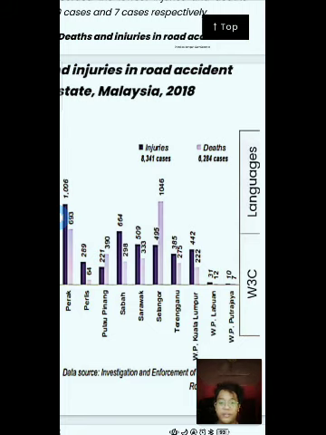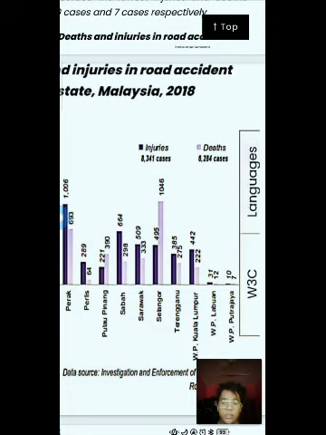Selangor, 495 injuries. The deaths are 146. Terengganu, the injuries are 385. The deaths are 275. WP Kuala Lumpur, the injuries are 442 and the deaths are 222.